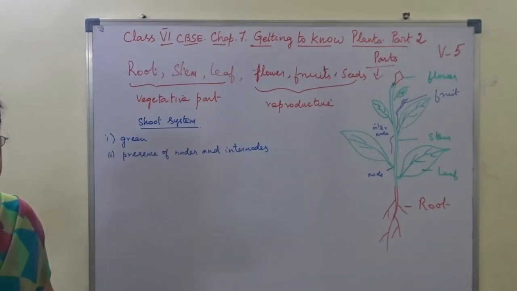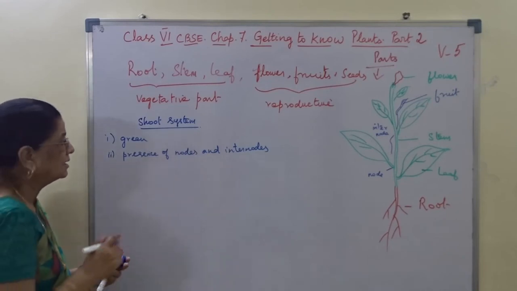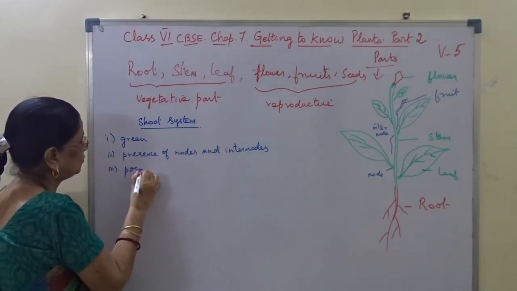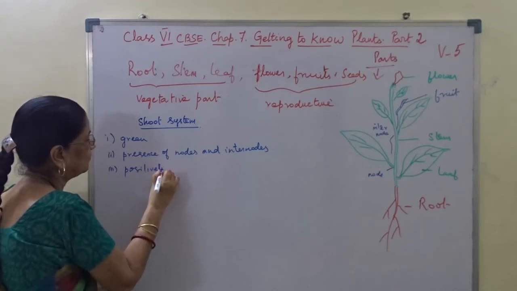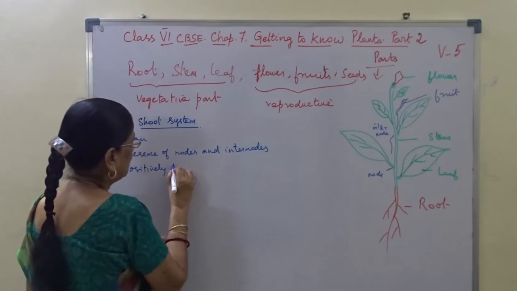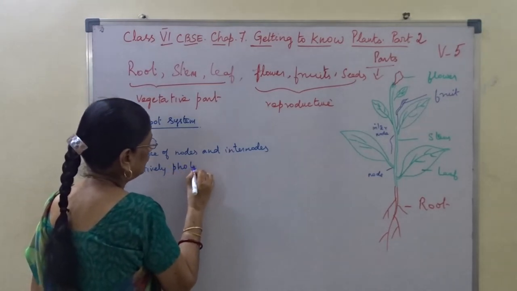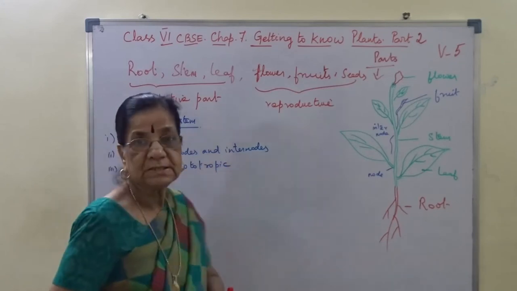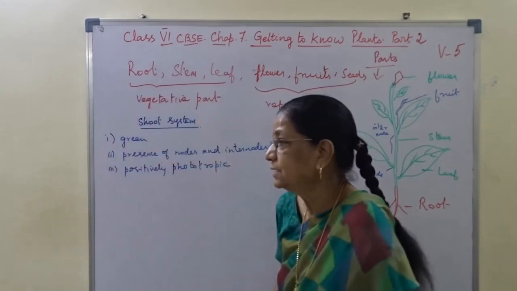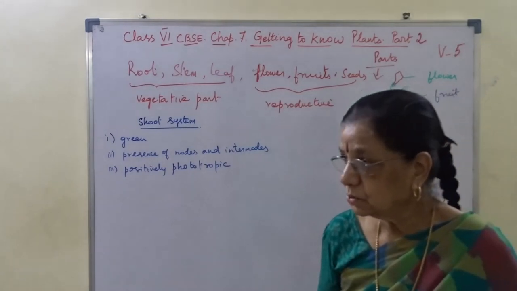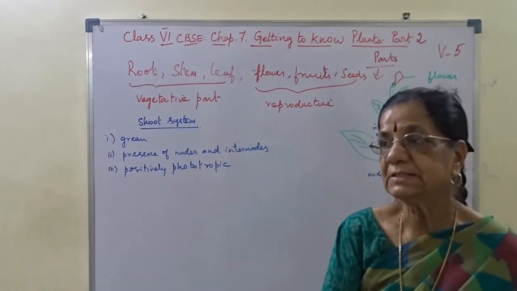I hope you follow this. And then it is positively phototropic. Shoot system is positively phototropic in nature. What does it mean? The shoot system grows towards the sunlight.